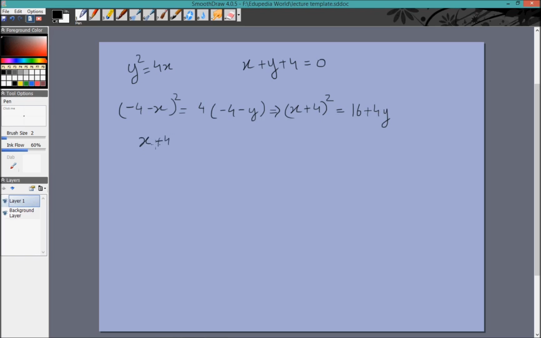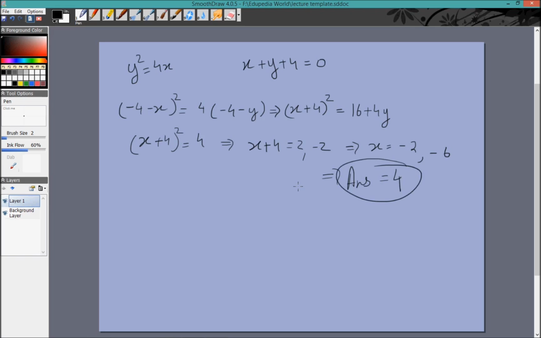So x plus 4 whole squared is equal to 4. So x plus 4 could be 2 or minus 2, which means x is minus 2 or minus 6. And obviously y is minus 5, so the points are minus 2 comma minus 5 and minus 6 comma minus 5. So the distance between them is 4.